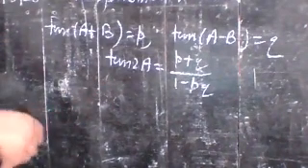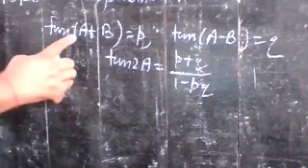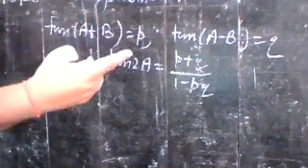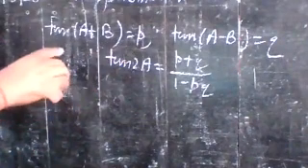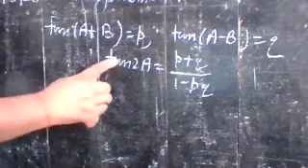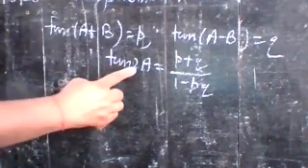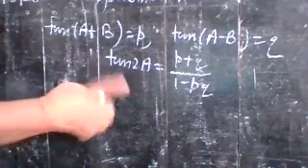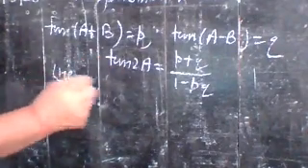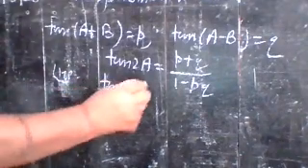So how do you find its value? Here you have been given tan(a + b) and tan(a − b), so the values of tan(a + b) and tan(a − b) are given. And you have to find the value of tan 2a. So take the left side, which is tan 2a.